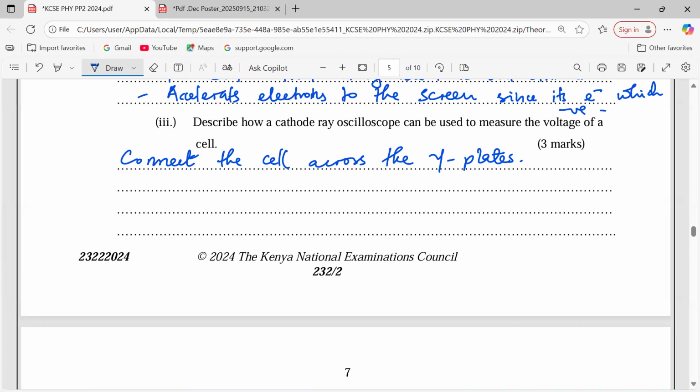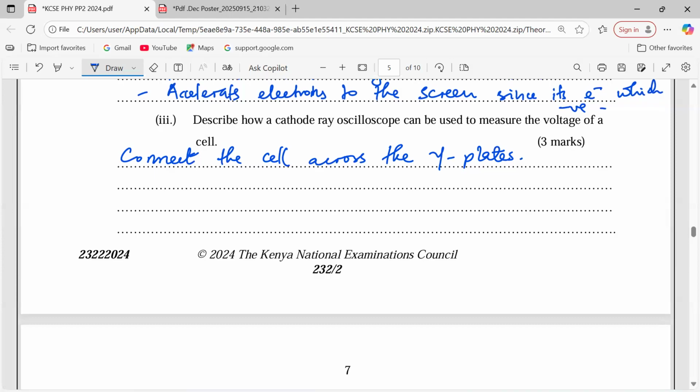Then we adjust or set the Y gain using the Y gain knob, to obtain a reasonable vertical displacement.